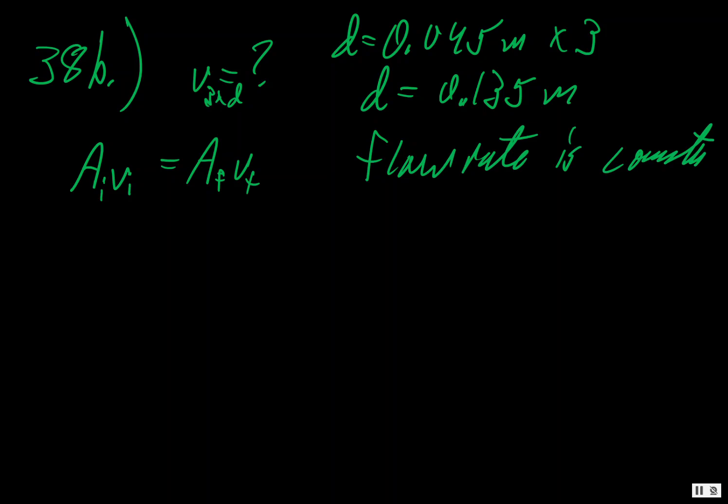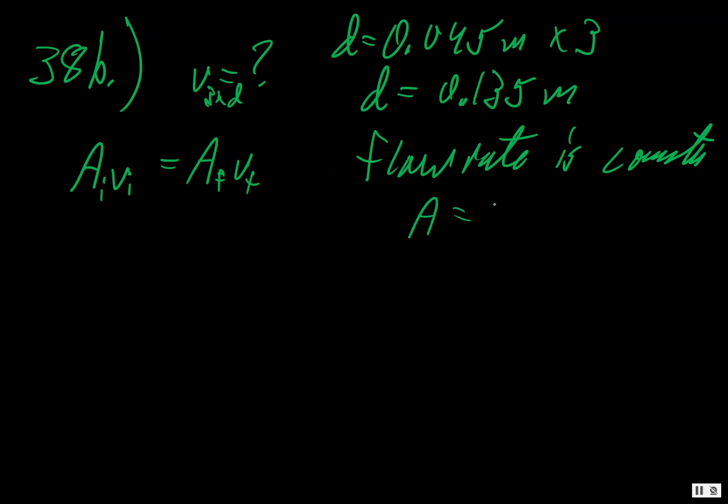Well, what does that have to do with anything? It has a lot to do with everything. Since the flow rate is constant, we don't have to concern ourselves with area. And you say, well, why? Since the flow rate is constant, area is not important. And you say, now wait a minute, you just said area. Well, okay, guys, look.